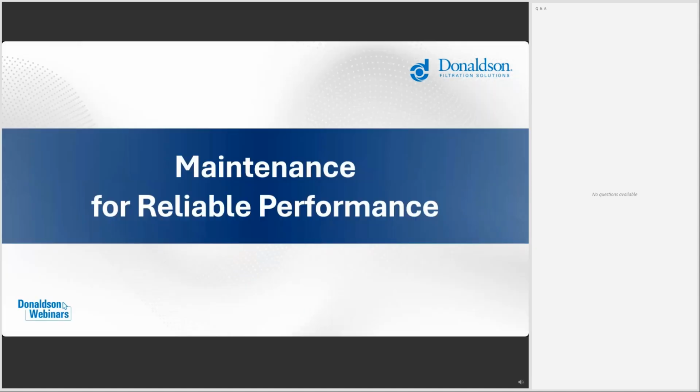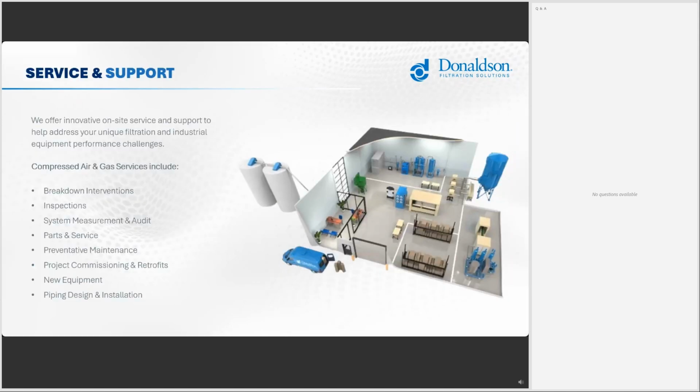Maintenance for reliable performance, that's also an important part. And here, Donaldson is also strong because we provide service and support for you. These compressed air and gas services include breakdown interventions, inspections, system measurements and audits, parts and service, of course preventative maintenance, project commissioning and retrofits.